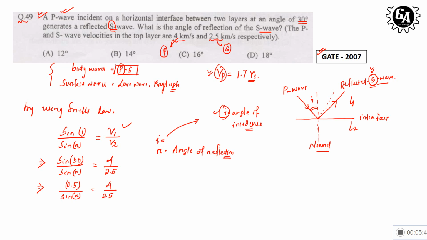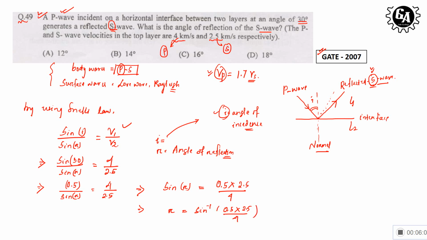Now we simply simplify this, then sin r is equal to 0.5 into 2.5 divided by 4. Then what will be the value of r? r is equal to sin inverse of 0.5 into 2.5 divided by 4.